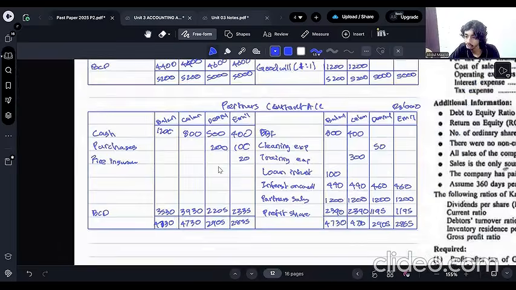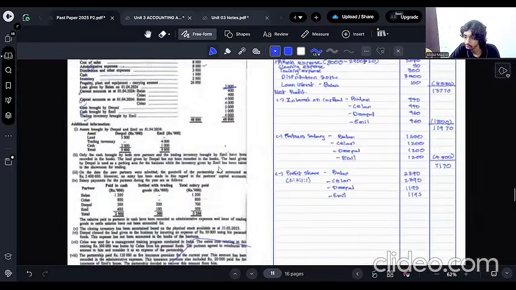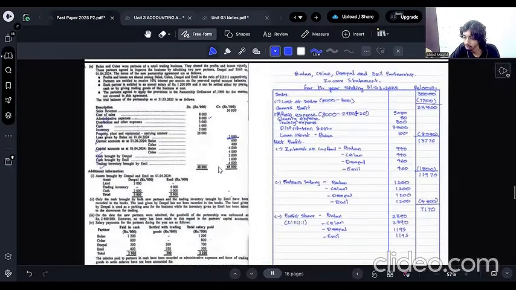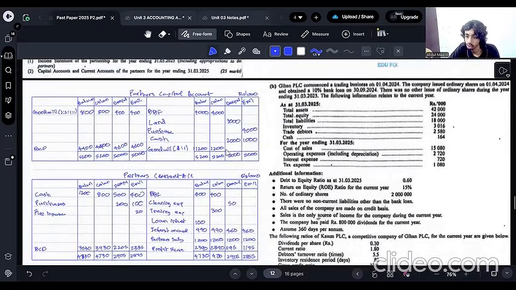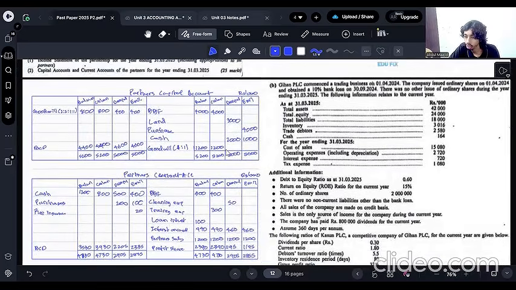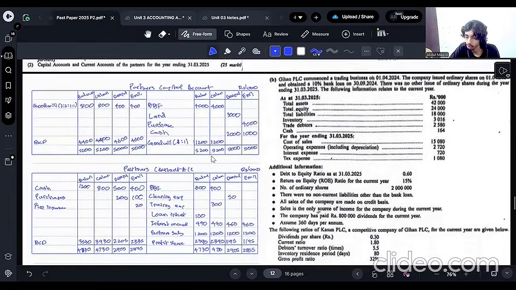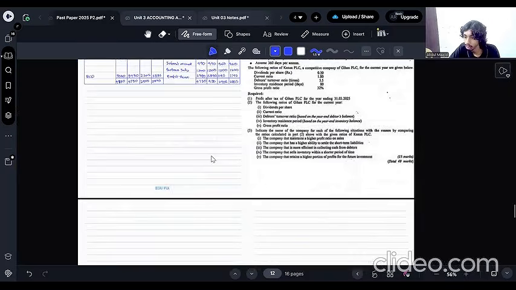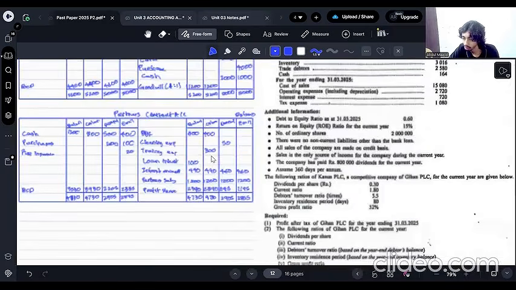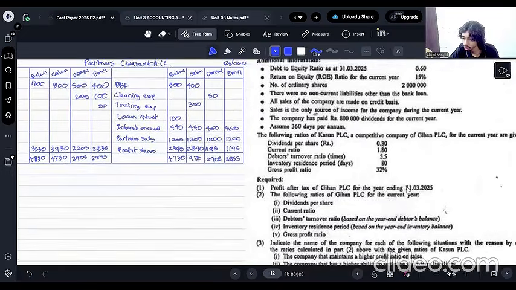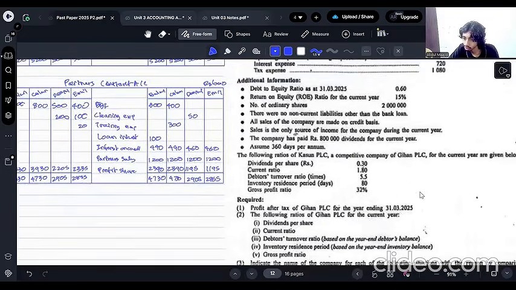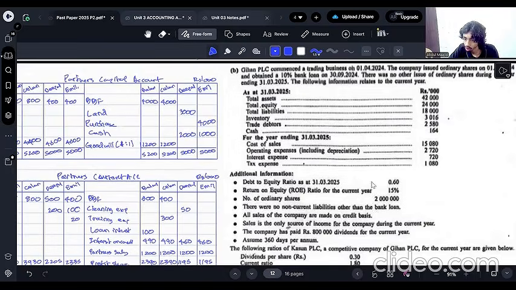So that's the partnership question. This is your income statement. This is your capital and current account. Okay. Then moving on next to the ratio question of the same thing. All right. First of all, you need to find the profit after tax of Gihan PLC. Profit after tax, how do you find?